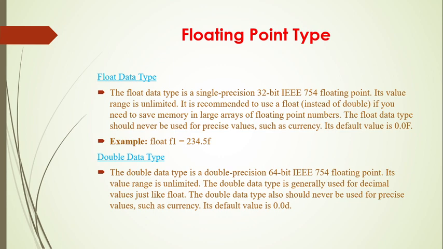Its default value is 0.0D. And by default in floating point types, we use the double data type. For example, double D1 equals 12.3. It's not necessary to use small d or capital D after the double value, but it is necessary to use capital F or small f after a float value.